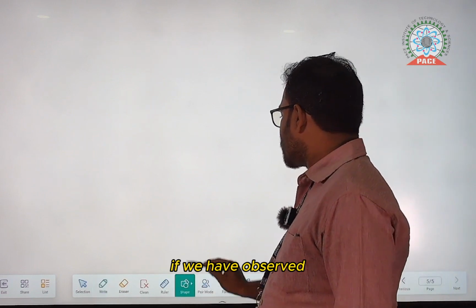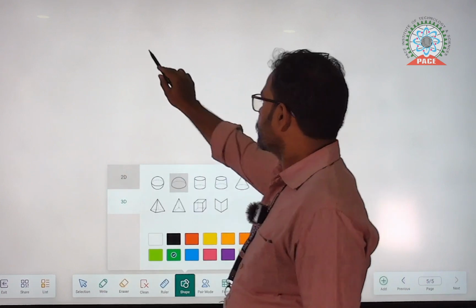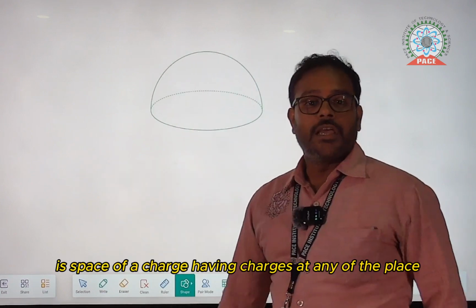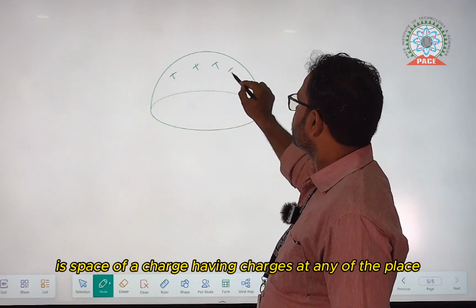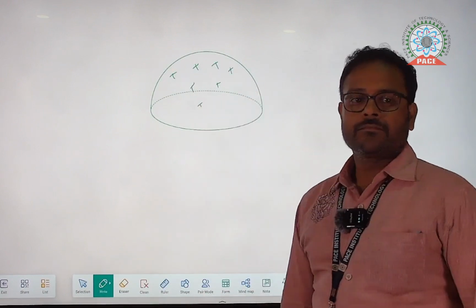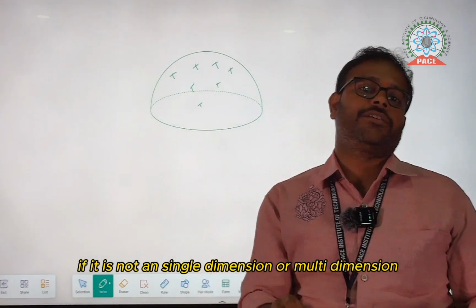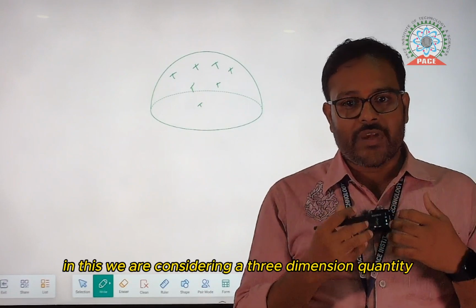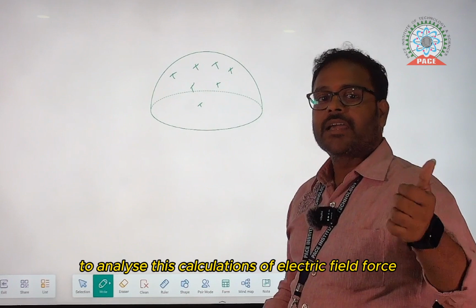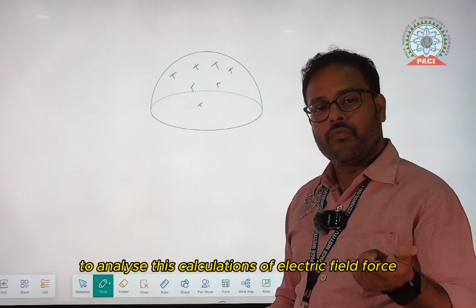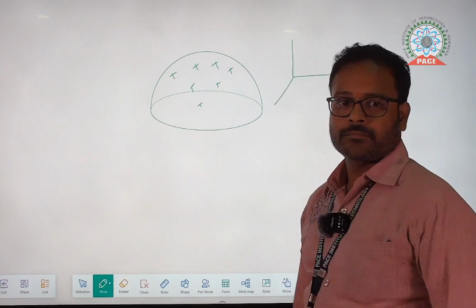If we observe a space with charges at any place, it is not a single dimension or multi-dimension; here we are considering a three-dimensional quantity to analyze these calculations of electric field and force. I am considering a three-dimensional picture.